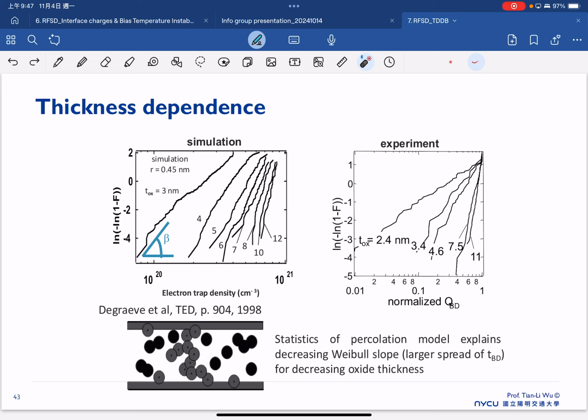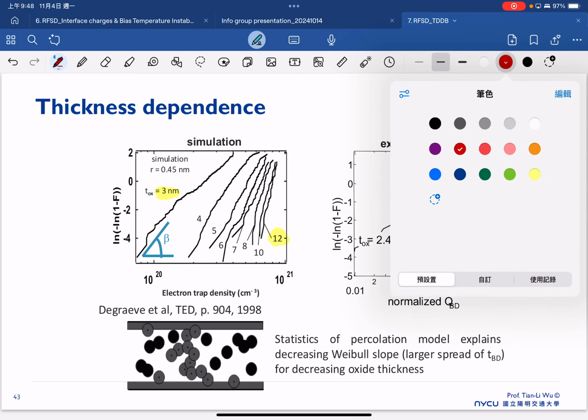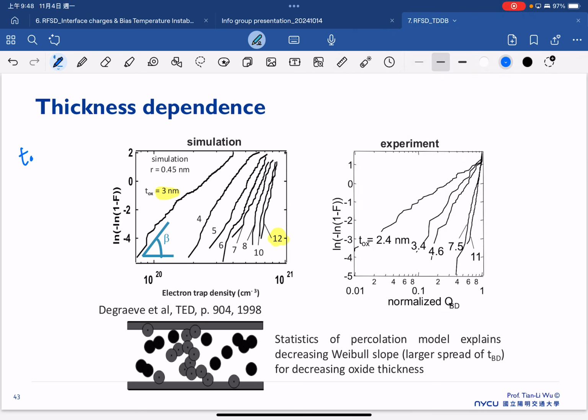You can see this simulation result, where we consider different oxide thicknesses. The thickest one is 12 nanometers, and this is 3 nanometers here. Basically, as our oxide thickness decreases, we always have a smaller beta.